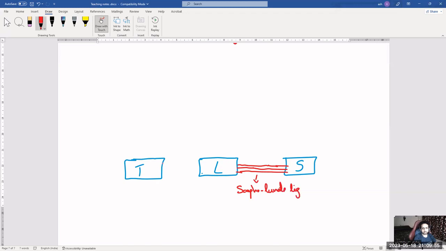And there's a ligament between the triquetral and the lunate, which is the lunotriquetral ligament. So these two ligaments hold the lunate in place.